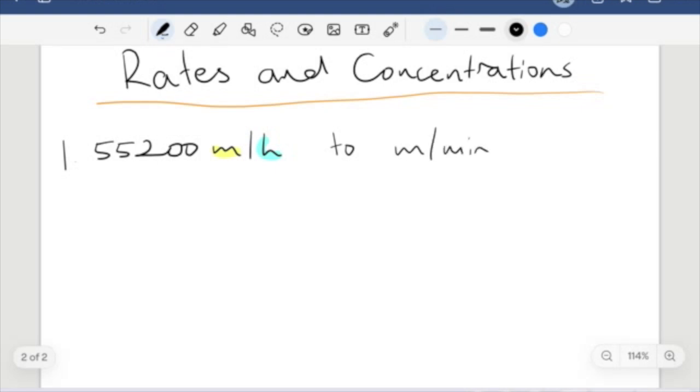So the first thing we're going to ask ourselves is, how can we get the quantity of hours to relate to minutes? Because we need these speaking the same language before we can make this unit conversion. So we're going to recall from what we did earlier in school that 1 hour is equivalent to 60 minutes.